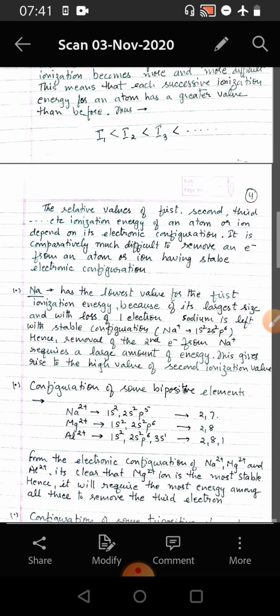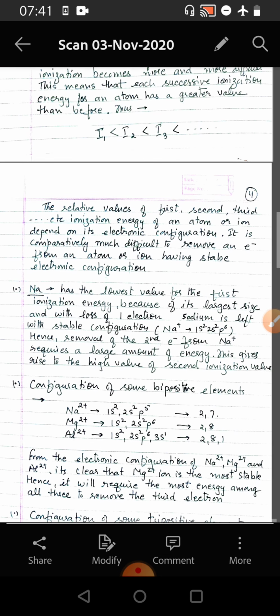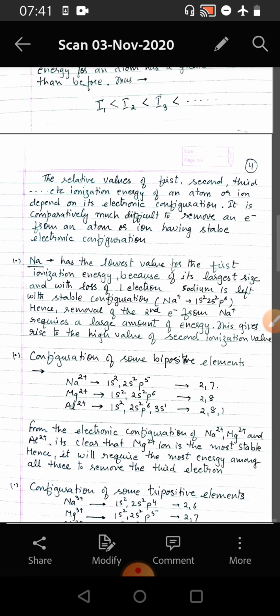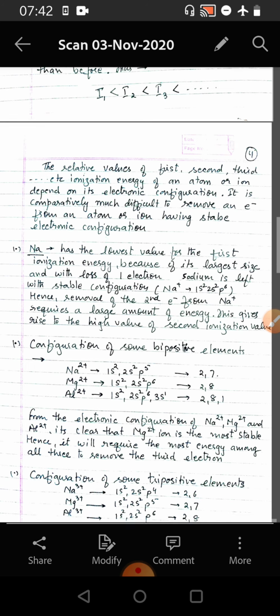Thus, I1 is less than I2, which is less than I3, and so on. The relative values of first, second, third, etc. ionization energy of an atom or an ion depend on its electronic configuration. It is comparatively much more difficult to remove an electron from an atom or ion having a stable electronic configuration.